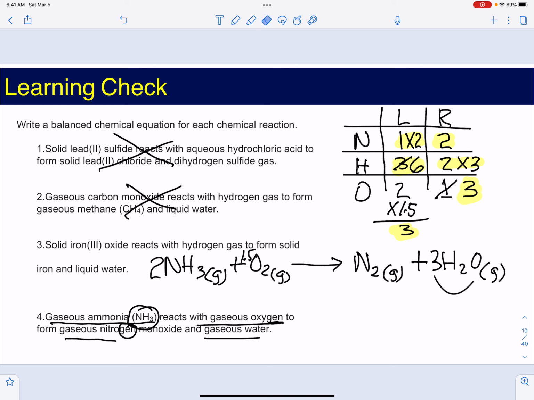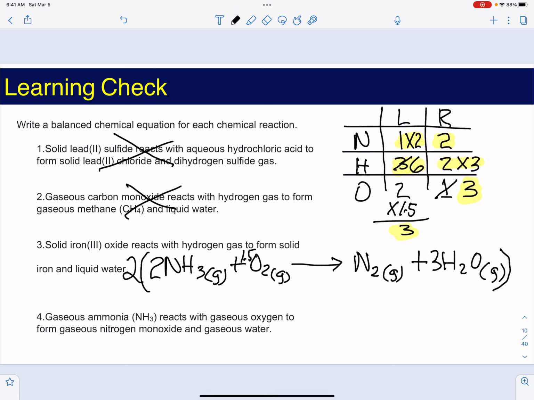So this is a balanced equation already. However, we cannot balance like that. We have to balance with whole numbers. So 1.5 is our problem. So what number can I multiply 1.5 by that will give me a whole number? And the answer is 2. But I have to multiply the whole reaction by 2. So I'm gonna take the whole reaction, and to get rid of the 1.5, I'm gonna multiply by 2. So when I do that, what do I get?